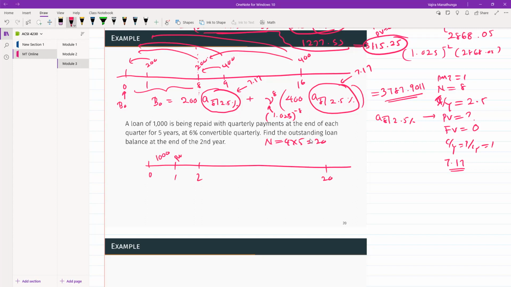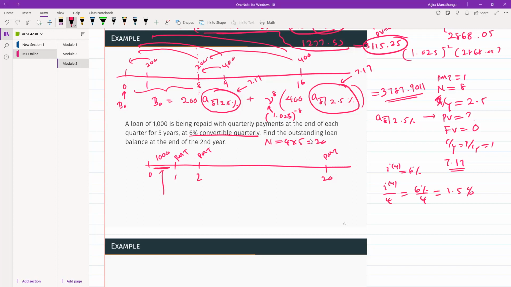So the payment size is not given. Actually, we can calculate it if you want. 6% convertible quarterly. So what's the rate? So i4 is 6%. That means the effective rate would be 1.5.